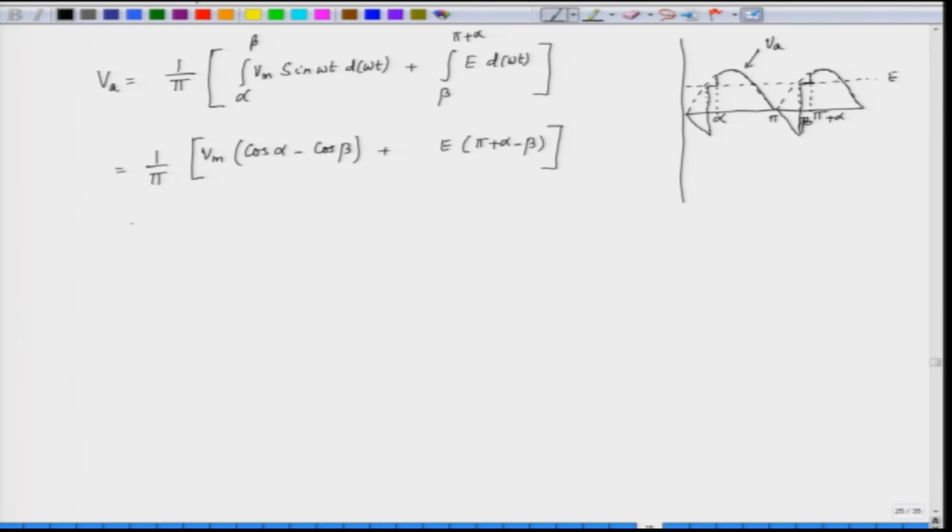Now, this has to be equal to the resistance drop plus the back EMF. The back EMF is E. So, we have the back EMF in two places, here and also on the left hand side. So, we need to evaluate what is the speed torque characteristic here.